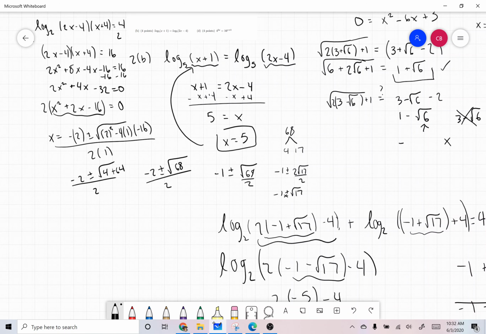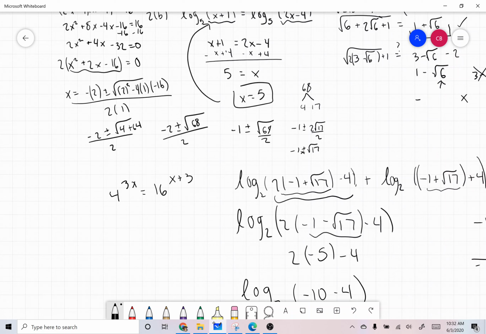And then finally, we have 4 to the 3x is equal to 16 to the x plus 3. These both have different bases. This is part D. We have 2 to the 2, to the 3x is equal to 2 to the 4, to the x plus 3, which is, notice the base is the same.